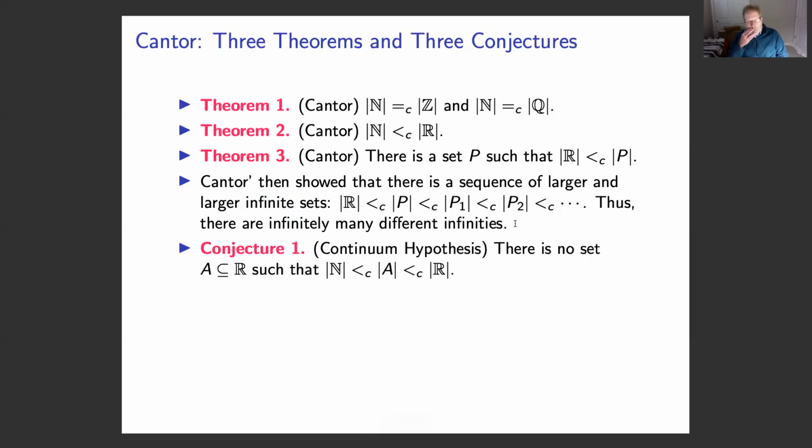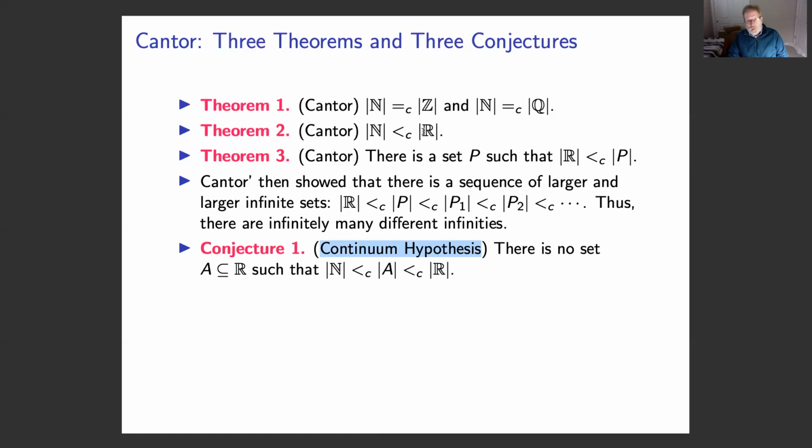Okay, now we're going to talk about some conjectures of Cantor. This is actually a famous conjecture in set theory called the continuum hypothesis. You may hear that term in your future endeavors because it comes up now and then. Anyway, here's what it says. We know the set of natural numbers is strictly smaller than the set of real numbers.